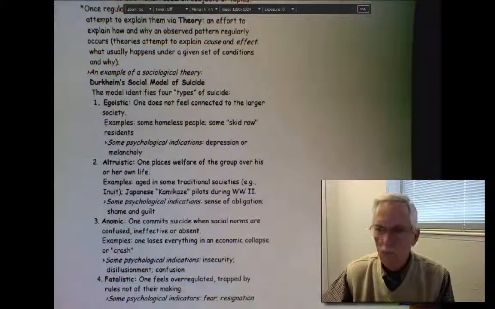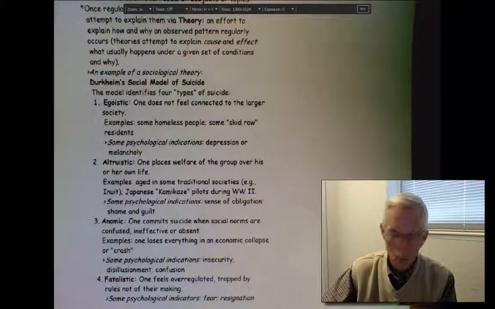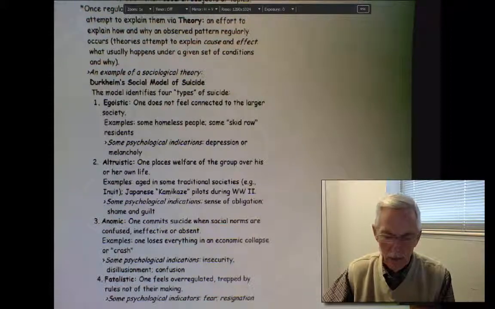Some examples include divorced, unmarried, and widowed people are more likely not to have strong social connections as compared to married couples. So it comes as no real surprise. People who are divorced, unmarried, widowed tend to have higher rates of suicide than people who are married.